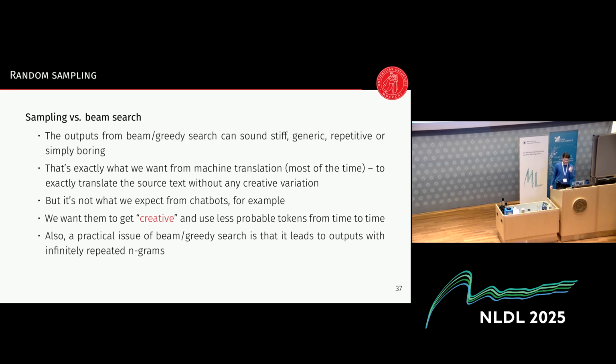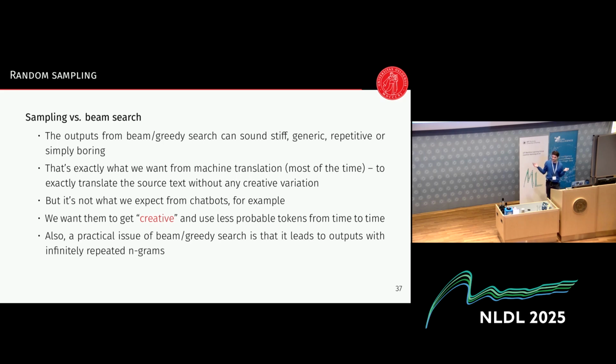The problem with beam search is that the outputs can sound stiff, generic, repetitive, or just boring. And sometimes this is exactly what we want. For example, when we are doing machine translation, we don't want the model to just stop doing the translation and tell us a funny joke. We want the model to actually do the translation, which is kind of boring, but then we stick to searching for the most probable sequence.